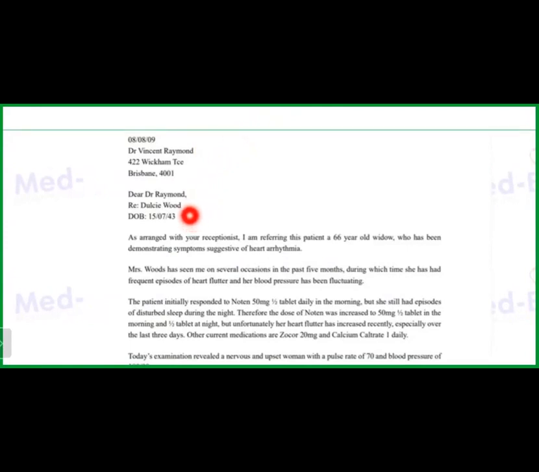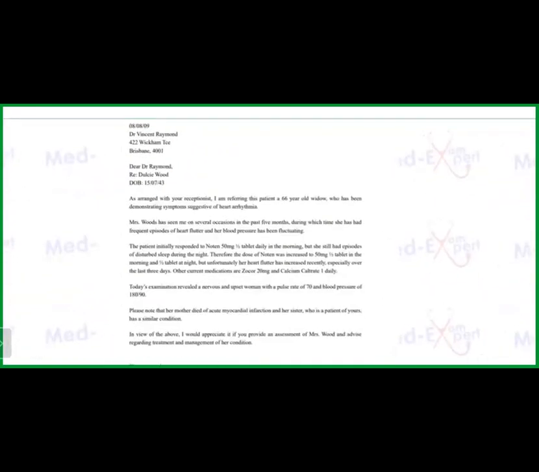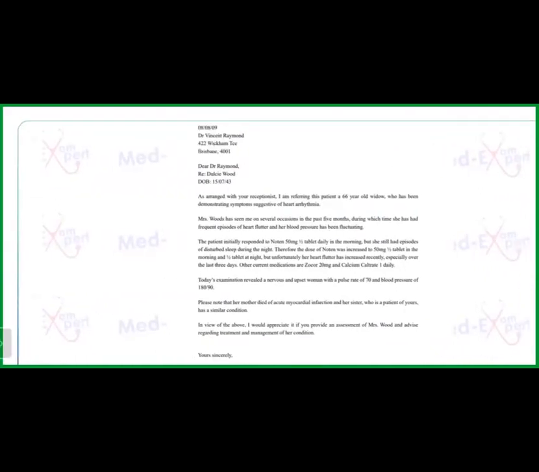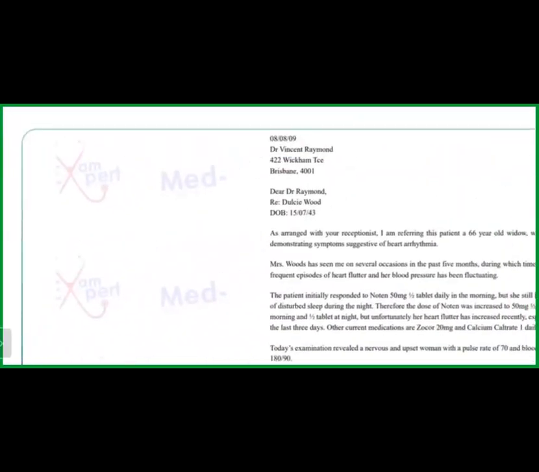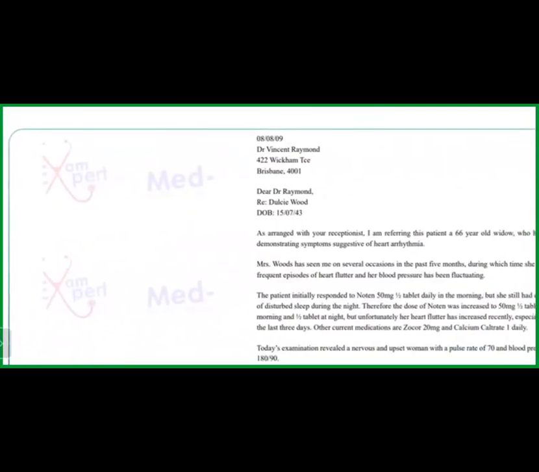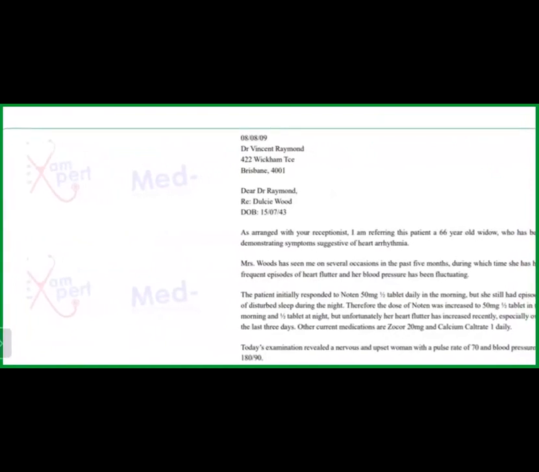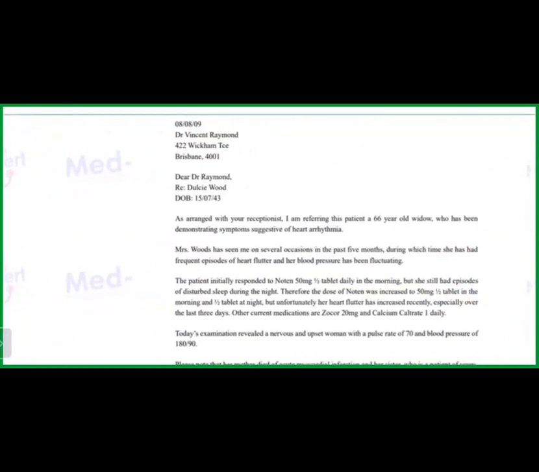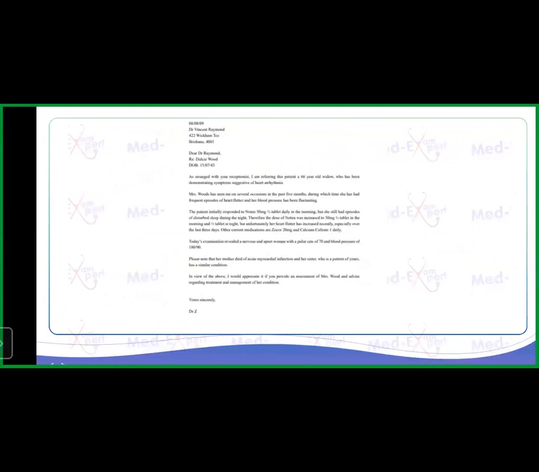That is the initial part of the letter, and then there will come the body of the letter. There are two ways to write it: the date can be above or the date can be below. Now let's move on to the next slide.